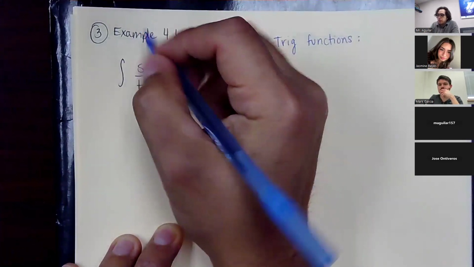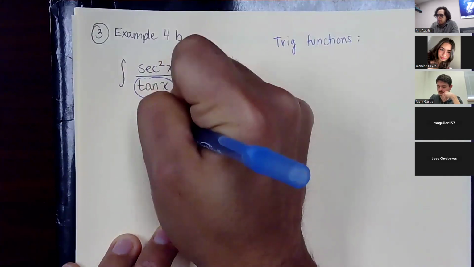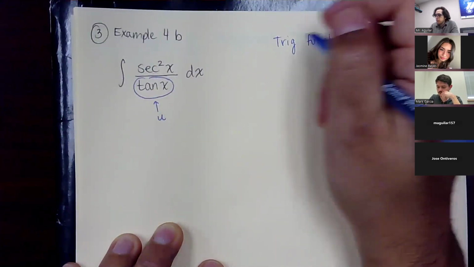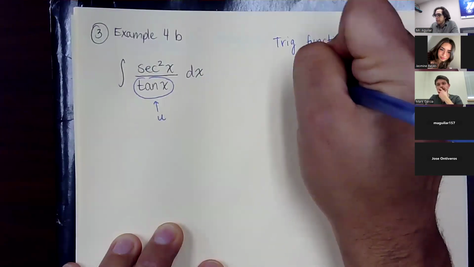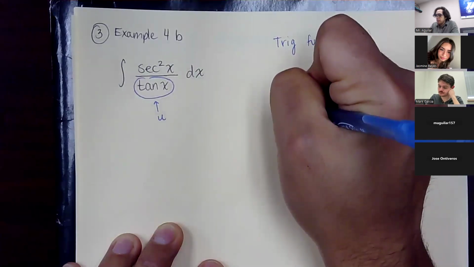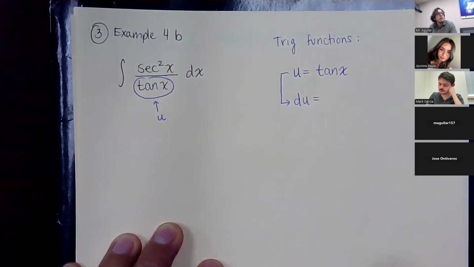So if we think about this for a moment, the denominator is what we want to become u. So for our trig functions, if u is equal to tangent x, do you guys remember what the derivative of tangent x is? It's secant squared. Yeah, for sure.